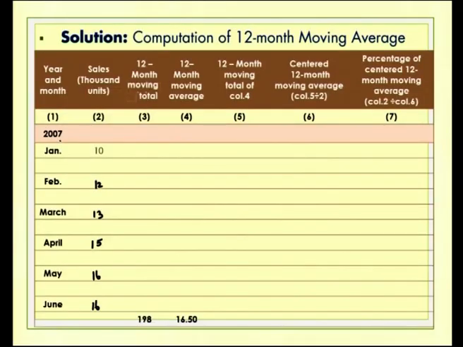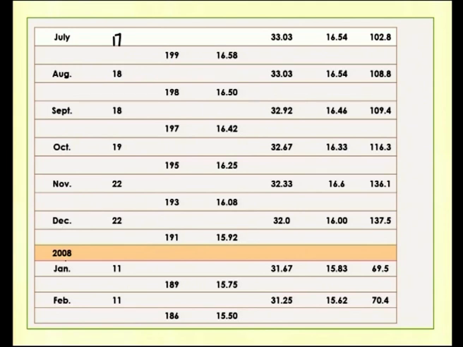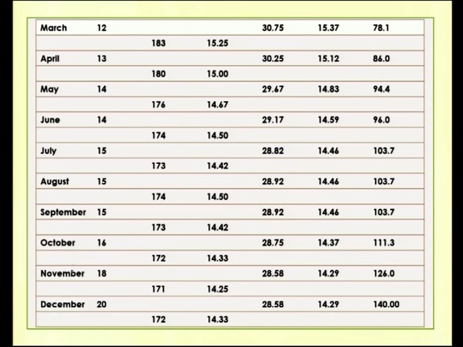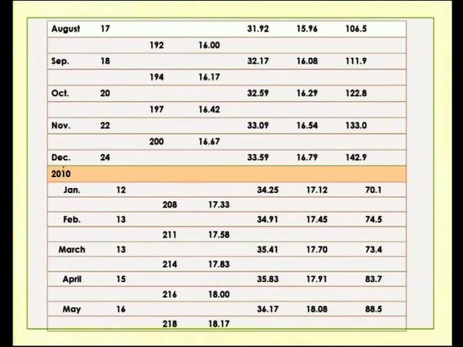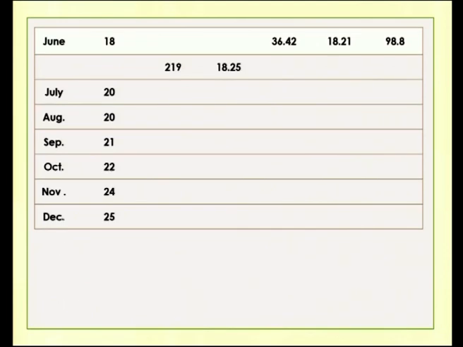Now, first of all, for computation of 12-month moving averages, just write down the values vertically like this. Starting from 2007 January, February, March, April, May, June to December, and then 2008 January to December, then 2009 January to December, and 2010 January to December.